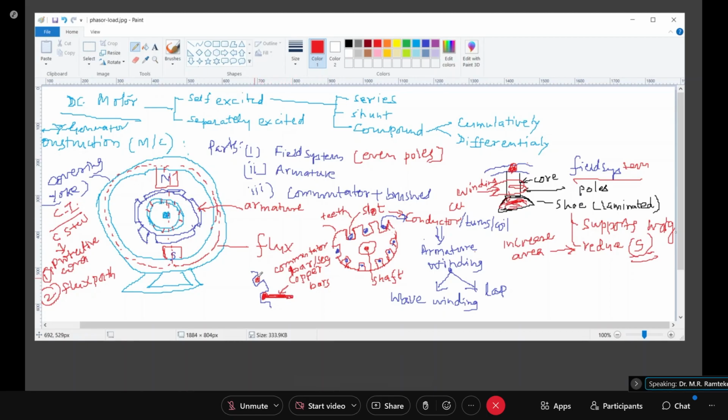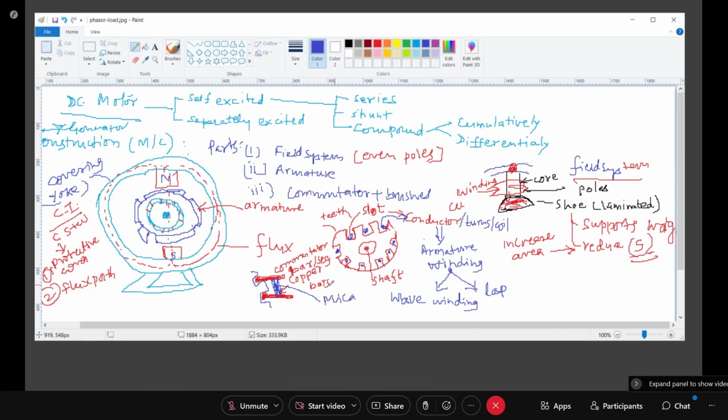Each bar is insulated. In between these two, they are separated by a sheet, and normally it's a mica sheet. So these commutator segments are separated by this mica sheet.